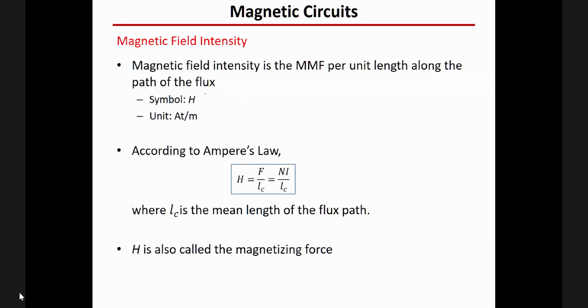The symbol is H, and the unit is amp turns per meter. So H will be F divided by LC, where LC is the mean length or the average length of the flux path or the magnetic core. Of course, we can substitute for F by Ni here. Also, H is called the magnetizing force.